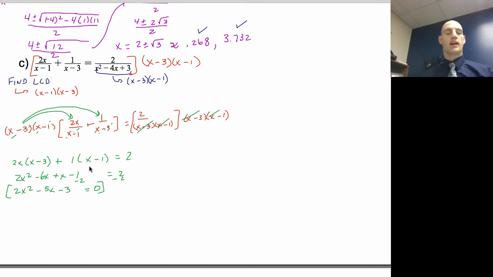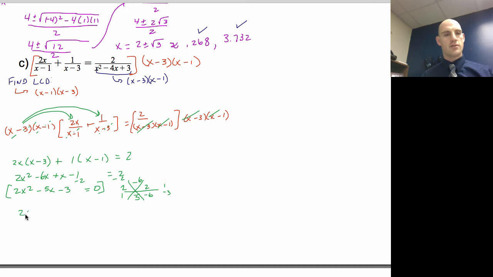I can factor it, or use my quadratic formula. I'm going to factor it, and so on top goes a times c, on the bottom goes b, minus 5, 2 and 2. What multiplies to negative 6 and adds to negative 5? Well, I'm going to have 1 and negative 6. And so this would become 1 minus 3. This would be 2 over 1.